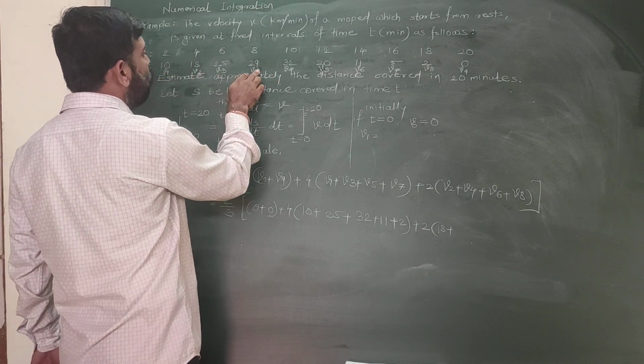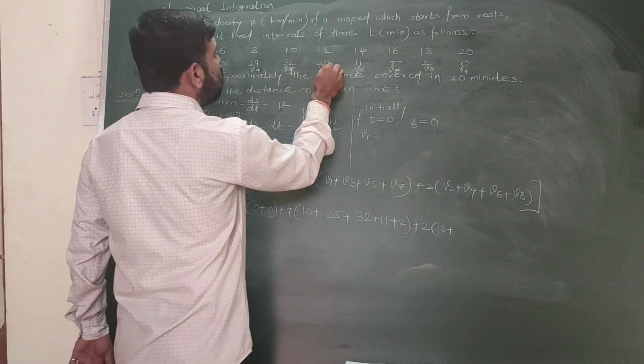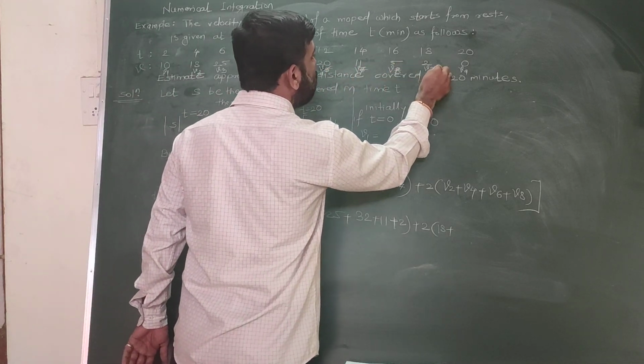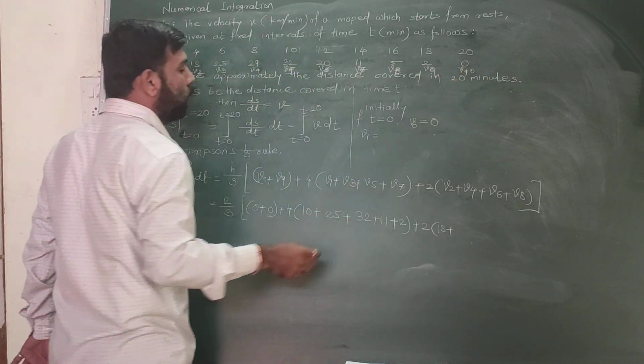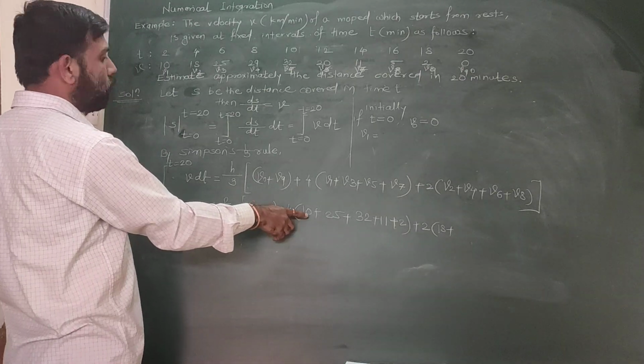V1, V2, V3, 4, 5, 6, 7, 8, 9, and this is 10 actually. I have to correct these values.